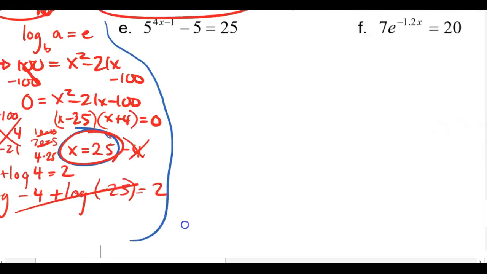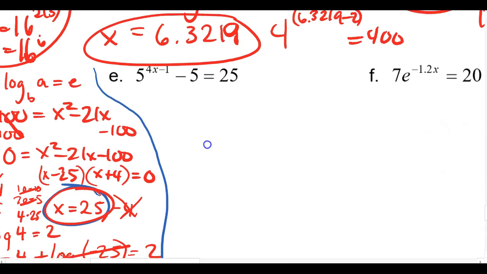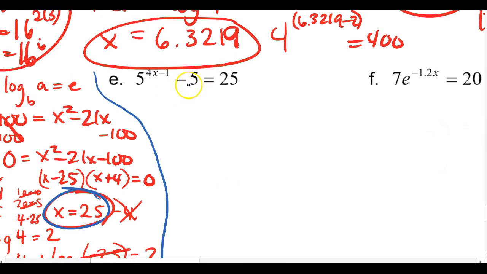All right, so now this next one. I see that I have a number that has x here, and then I have two constants here. Well, I want to get x by itself, so let's start by moving things around so we can start isolating x.